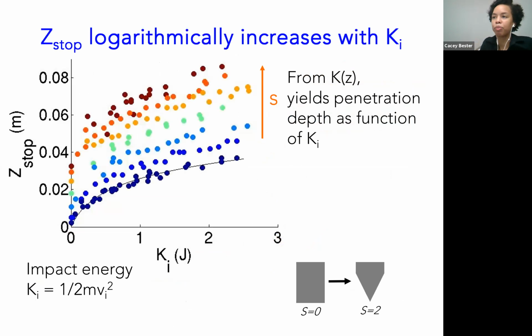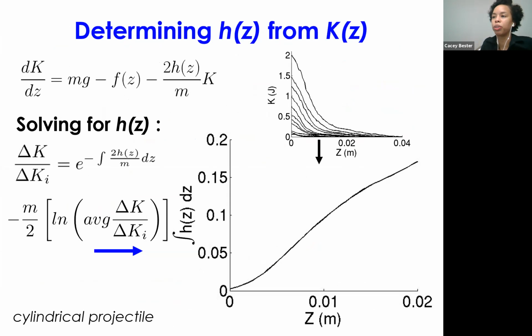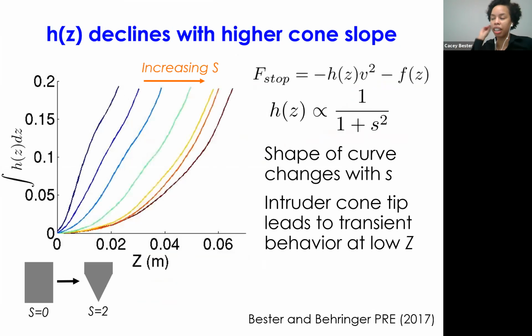And maybe I should skip to the results. So I'll skip here to our final result because I'm pressed for time and don't want to extend past time too much. In this final result, I show the inertial drag coefficient h of z as a function of depth in the granular bed.